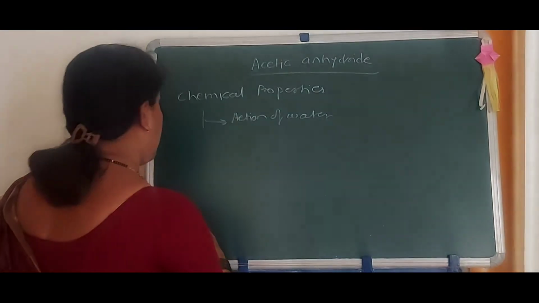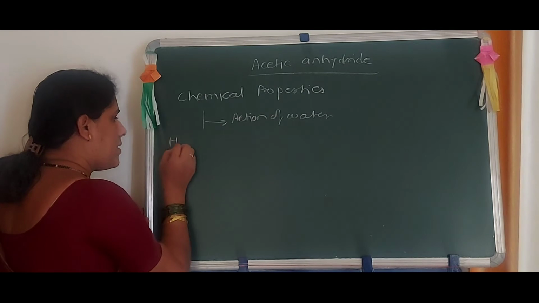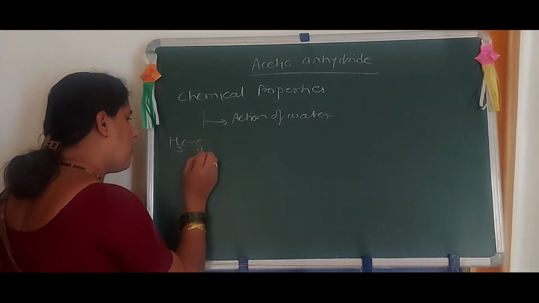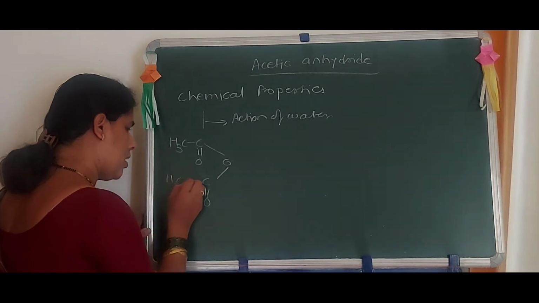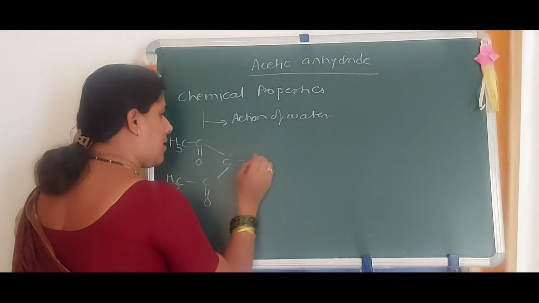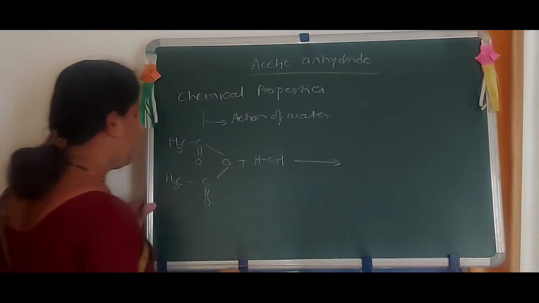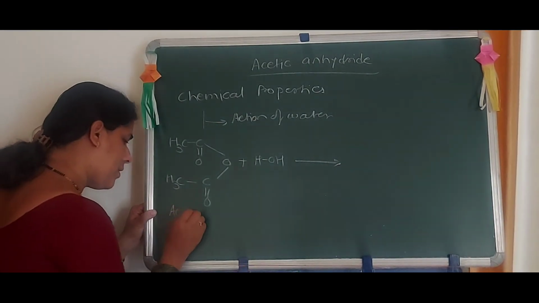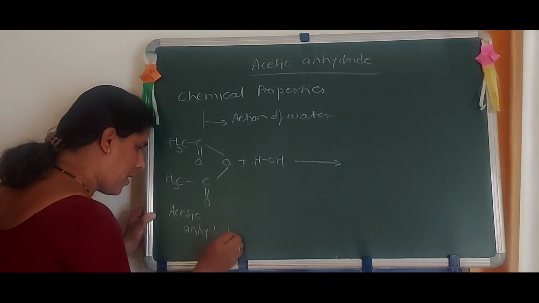Now what is the action of water on acetic anhydride here? CH3COOCH3 plus water molecule, written as H and OH here. This is acetic anhydride.